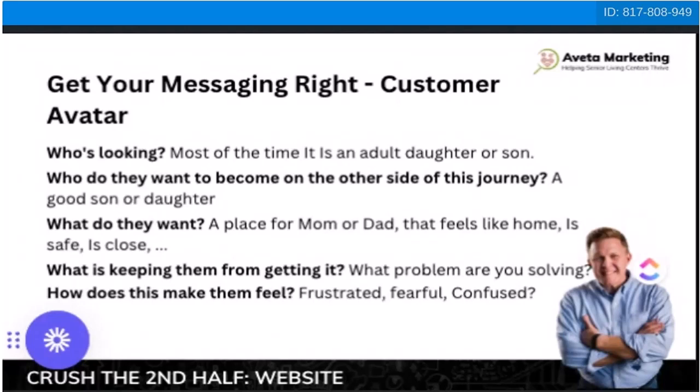Who does the son or daughter want to become on the other side of this whole journey of looking for assisted living? More than anything, they love their mom or dad. They want to be a good son or daughter. And so we have to know that, and go into this with some real empathetic language in our messaging.